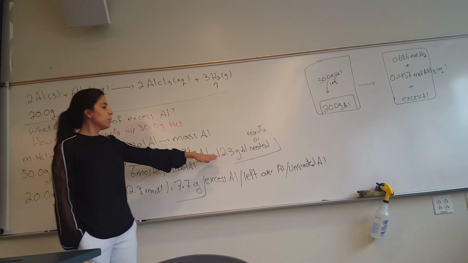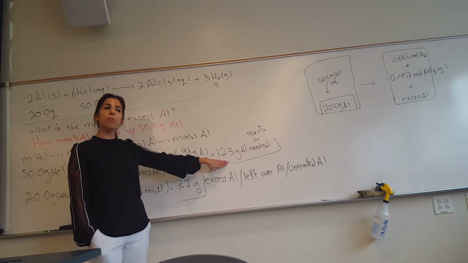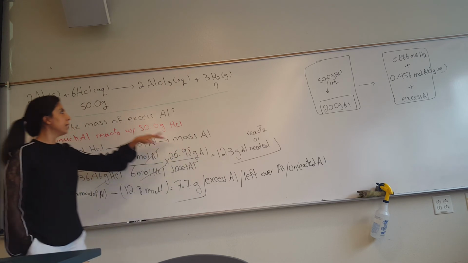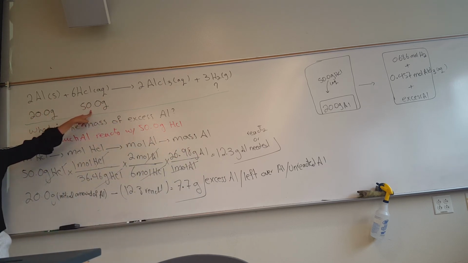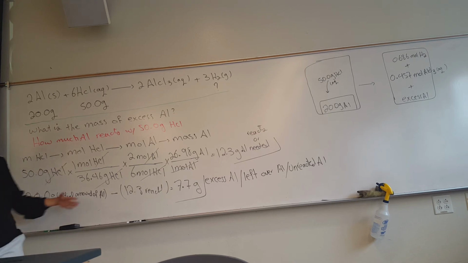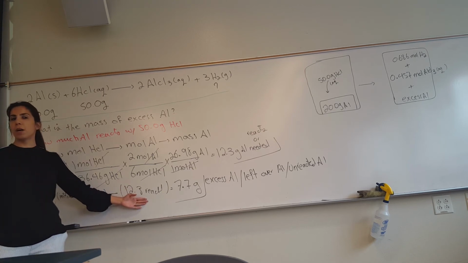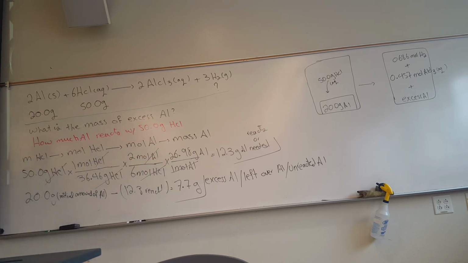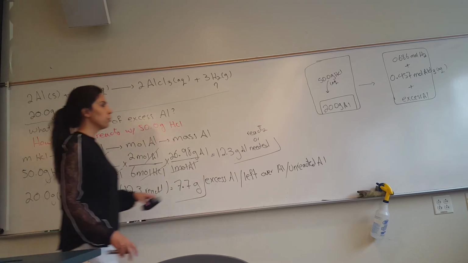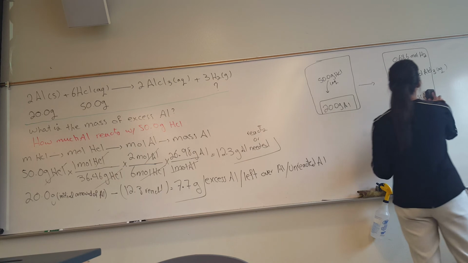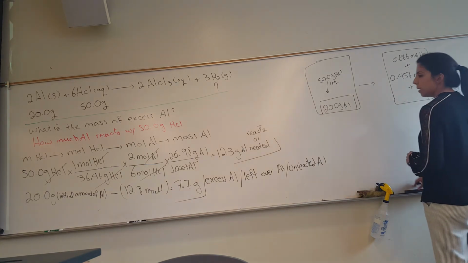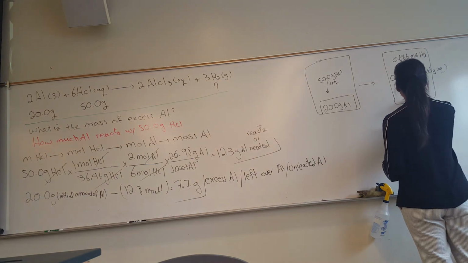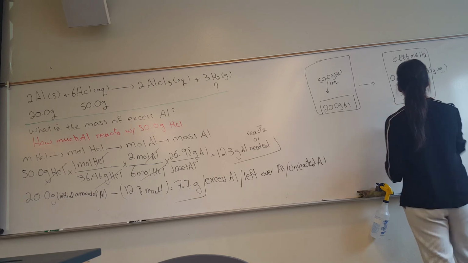By doing this calculation, I found out that only 12.3 grams of aluminum is needed for 50 grams of hydrochloric acid. Now I started with 20 grams of aluminum. All I needed was 12.3 grams of aluminum. That would be the excess of aluminum, 7.7 grams. Now what does that mean? If I go back to my chart here, yes, in this flask, I would expect to see 7.7 grams of aluminum as well.